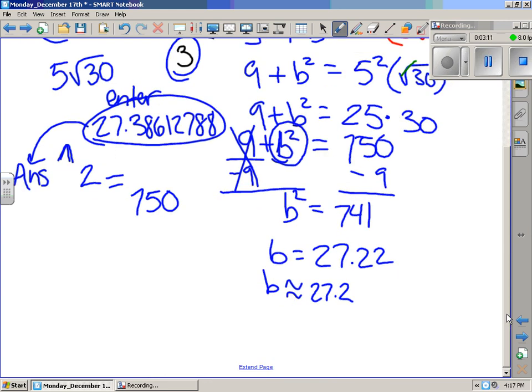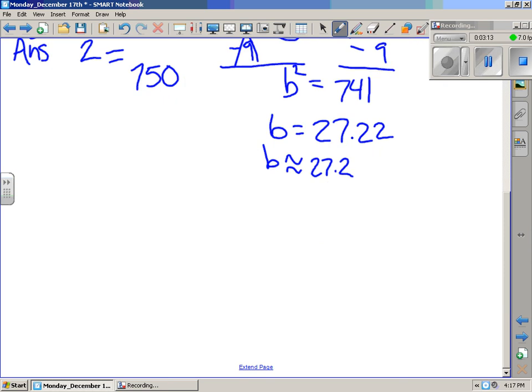You could also put this in your calculator instead. You could also just put 2 sets of parentheses. So in your calculator, whenever you type in 5 square root, it automatically puts in the parentheses. You fill in the parentheses and you end the parentheses. But if you want this whole thing to be squared, you need another set of parentheses and then your power of 2.